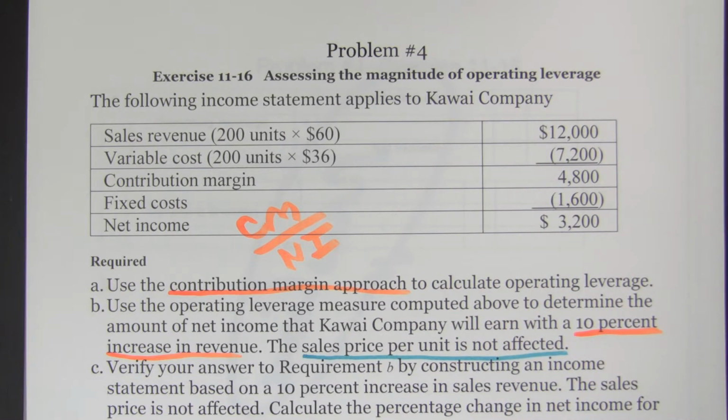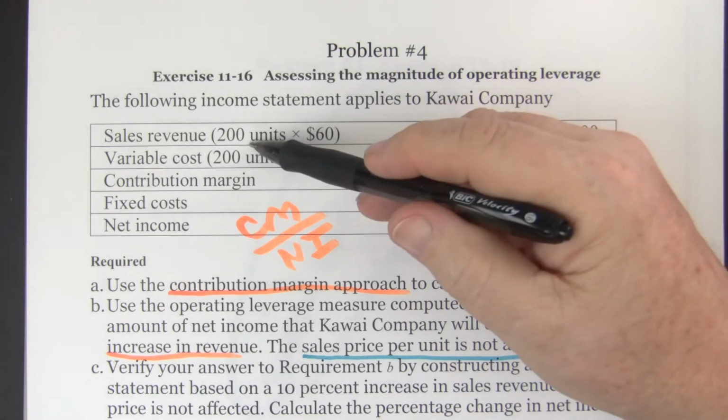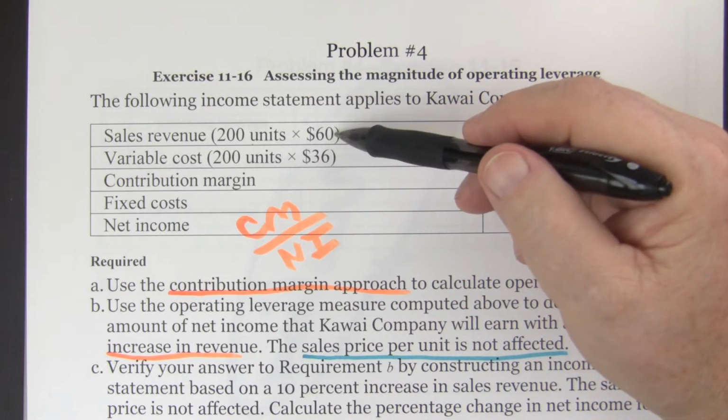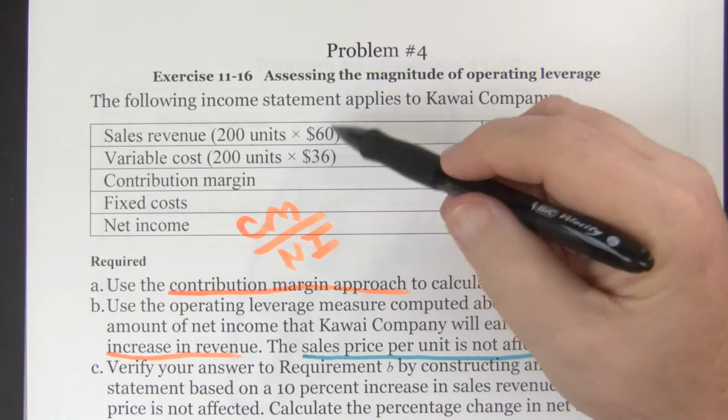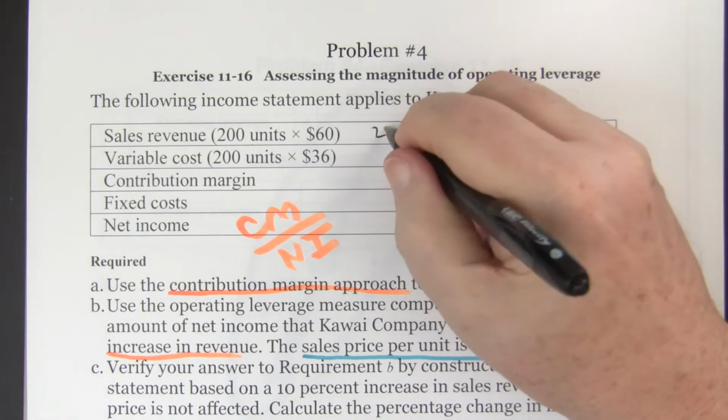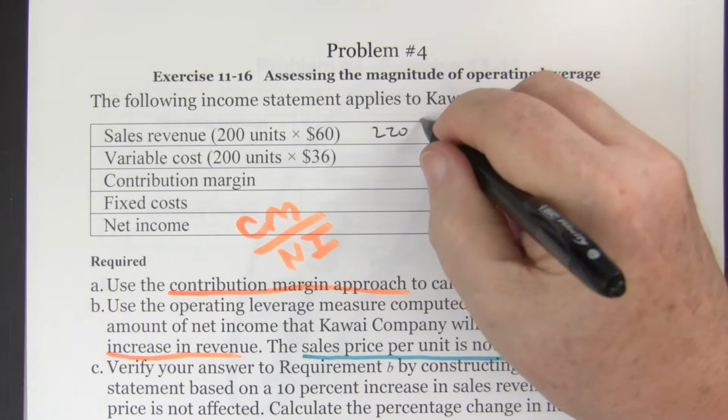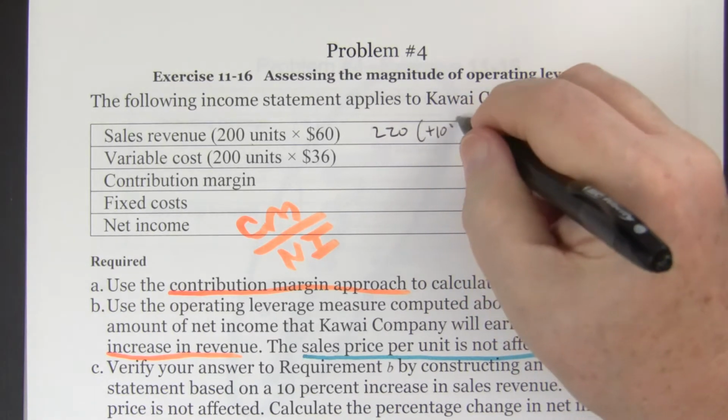So if the sales price will not change, that means the new units will not be 200 units at $66, but 220 units at $60. So that's the 10%. That's the plus 10% that they're talking about.